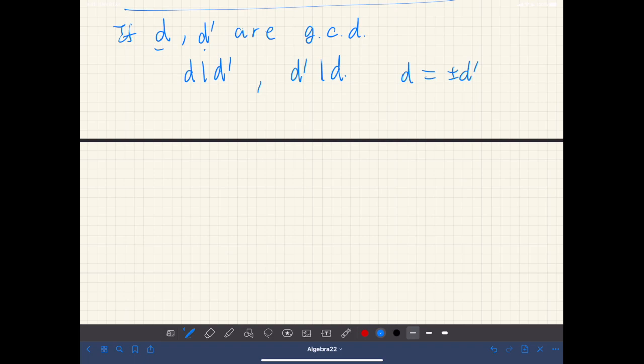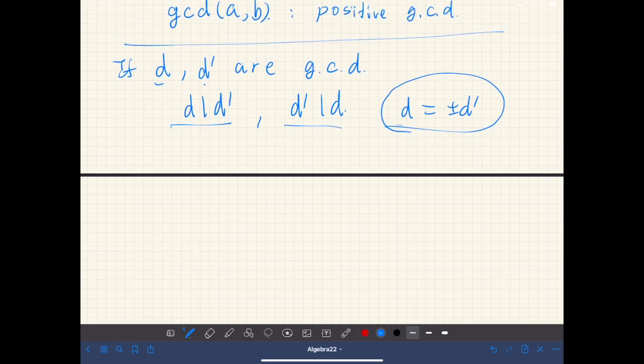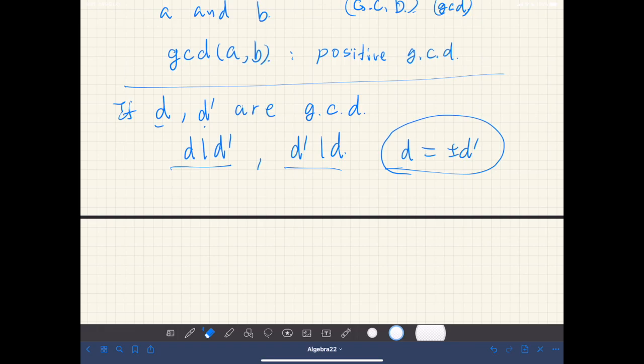You should prove this. So the absolute values of these numbers should be the same, and only the signs are different. Therefore, we just pick the positive one and call it the greatest common divisor.